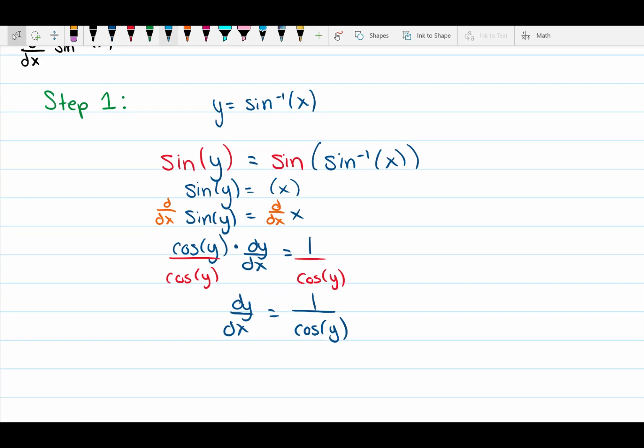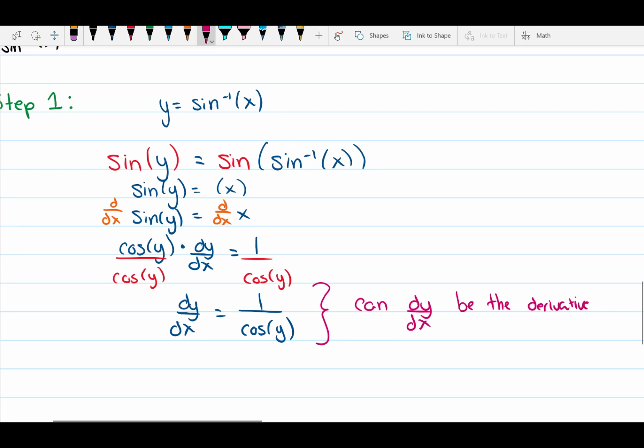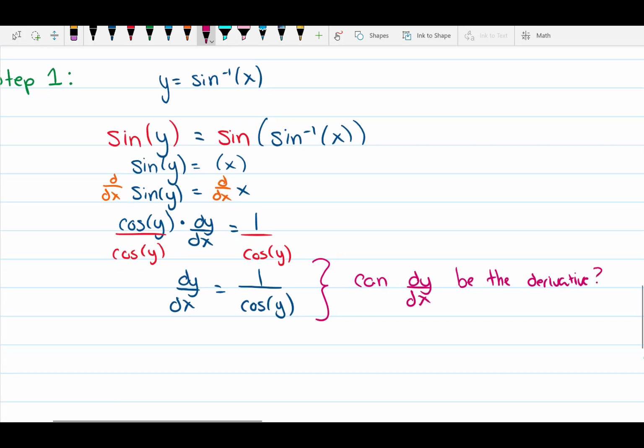Okay, now here becomes a question. Can dy dx be the derivative? And what I mean by that, does cosine of y exist in the new domain that we created?